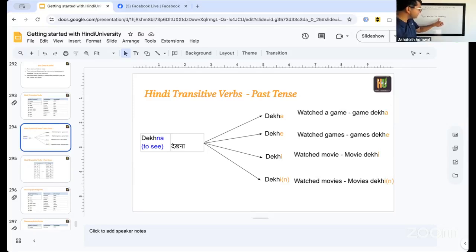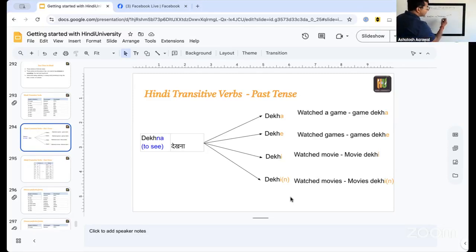Okay, it's okay, you want to take time there. So you want to make the 4 forms, just like the way we have from dekhna, dekha, dekhe, dekhi and dekhin. Banana will become, you remove the na.